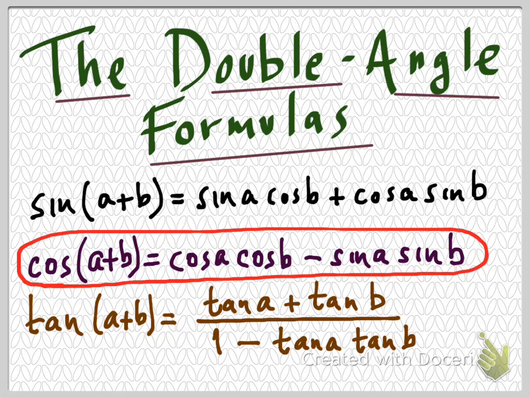The question I want to pose to you is this: instead of saying cosine of A plus B, what if I took one angle and added it to itself? In other words, instead of A plus B, I said theta plus theta.